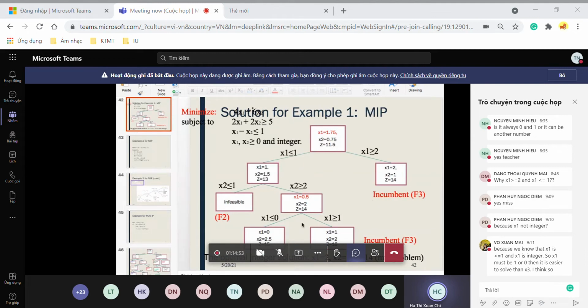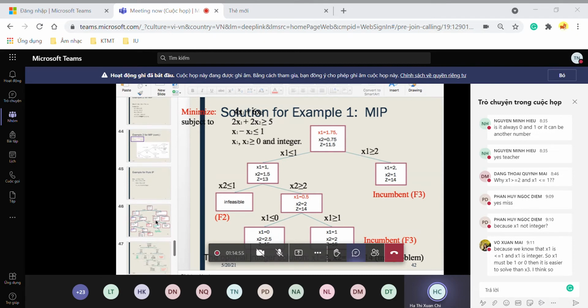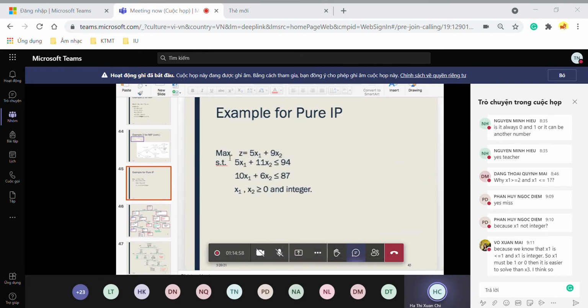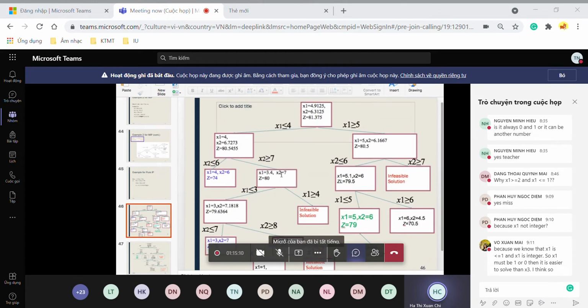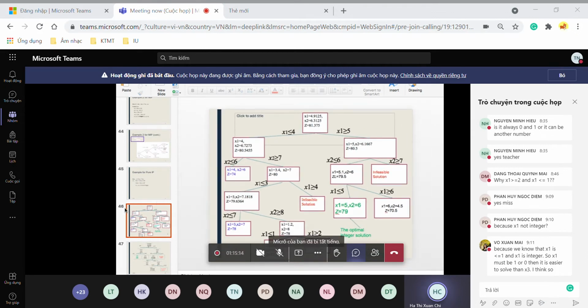Okay, everyone, in here we deal with the problem with pure integer. Pure integer. Because solving the problem here will take time, I just give you the suggestion here.